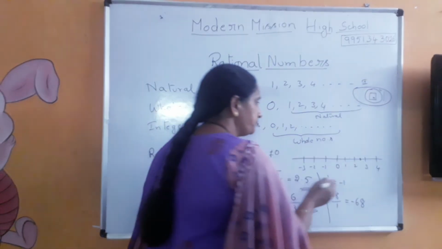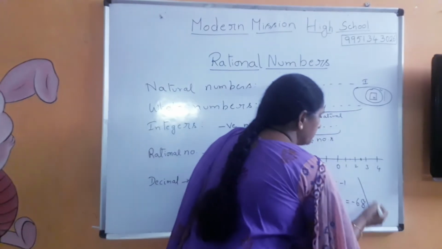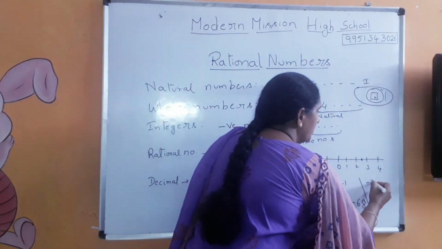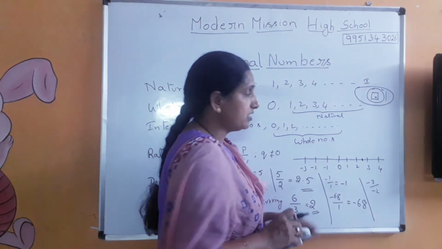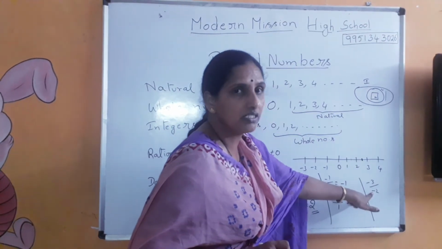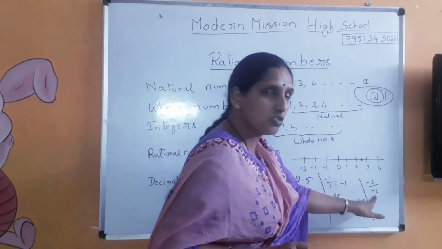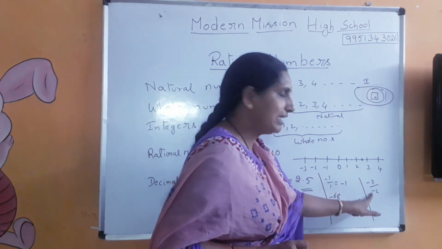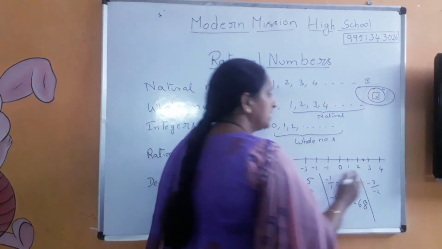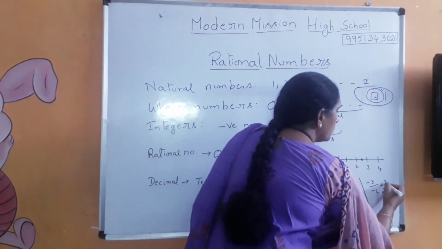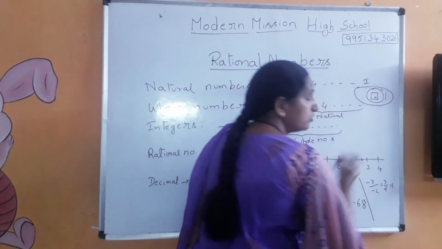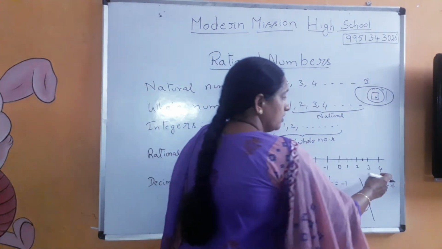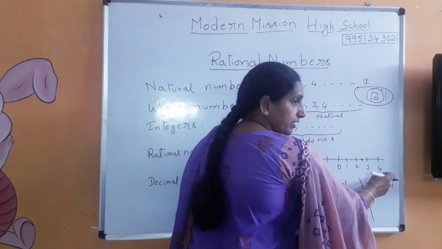Now I'll go with one more example. Minus 3 by minus 2. P is a negative integer, Q is also a negative integer. Minus 3 by minus 2: minus minus will get cancelled, and you are left with 3 by 2. 3 by 2: 2 ones are 2, so you are left with remainder 1.